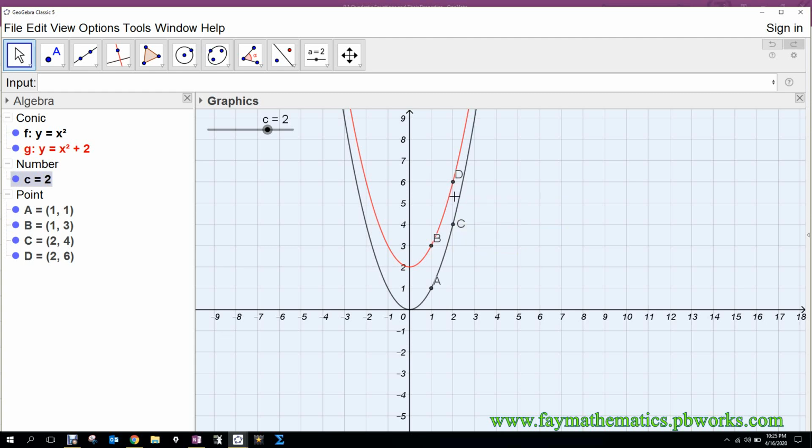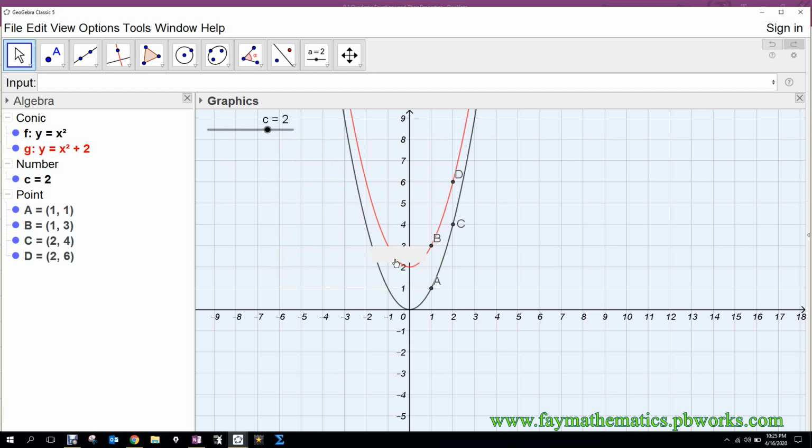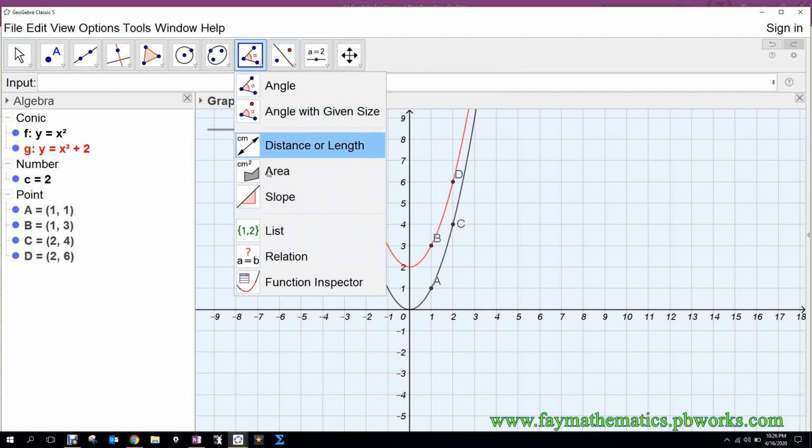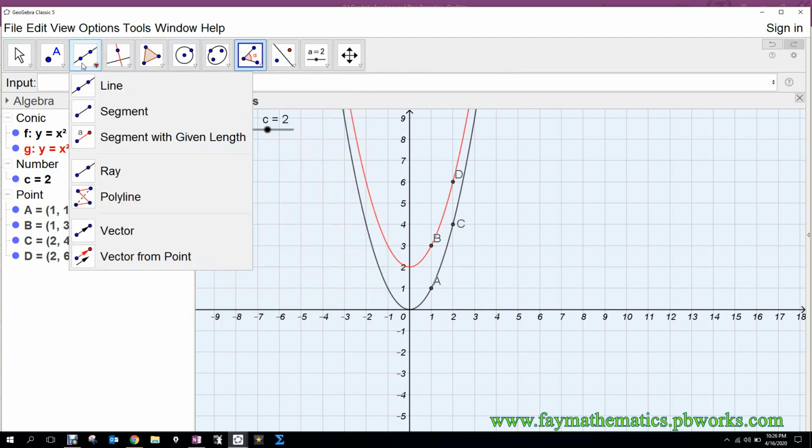The difference is that 2 again. So what's happening here is that every single point on the black curve gets moved up that c unit.